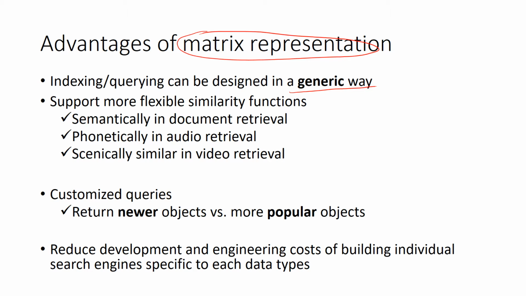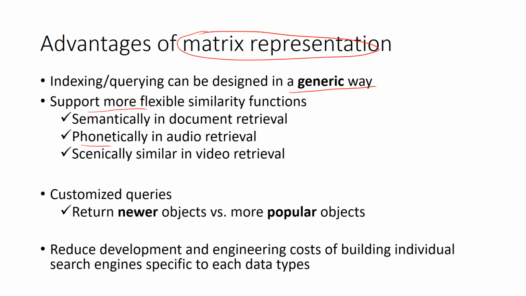And this matrix representation can support more flexible similarity functions, for example, semantically similar in document retrieval, or phonetically similar in audio retrieval, or visually similar in video retrieval, etc. And users can customize their queries.